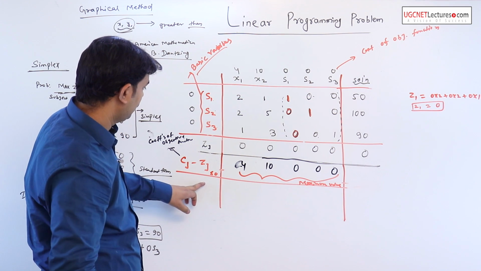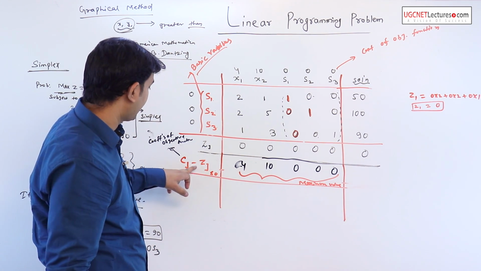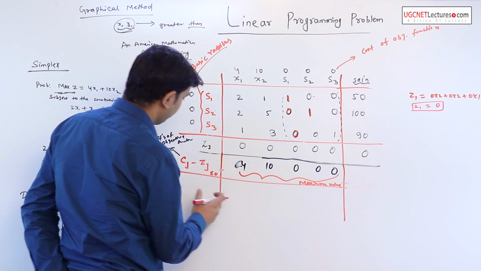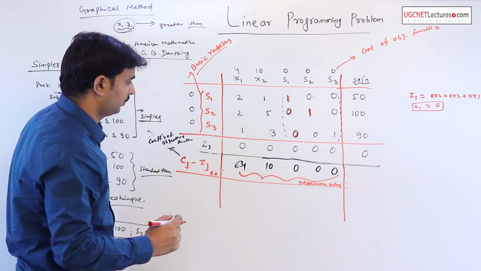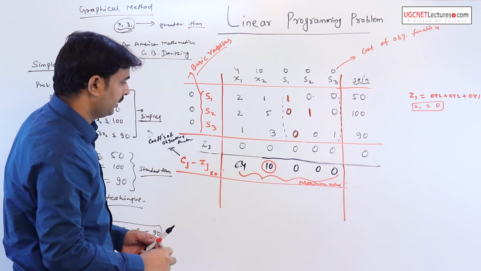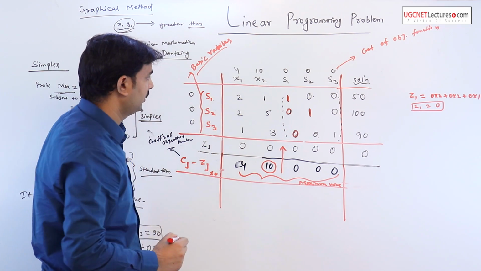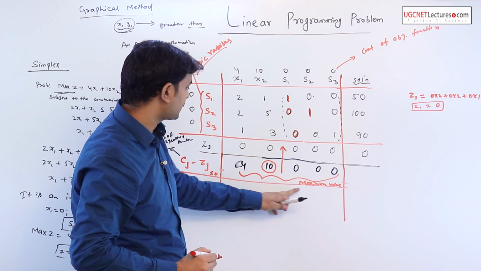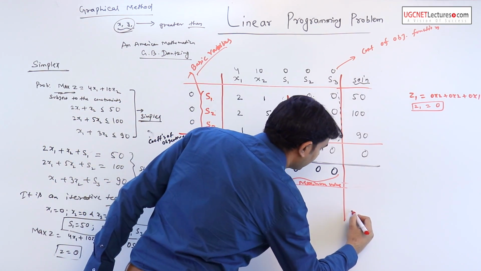Here 4 and 10 are positive, it doesn't satisfy the criteria of simplex. For going further, we have to choose the maximum among these values. Here 10 is maximum among them. So x2 will enter.